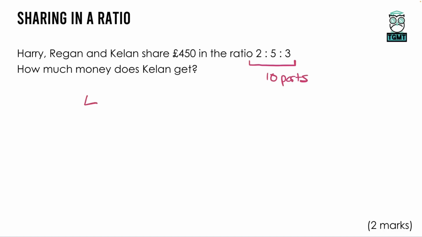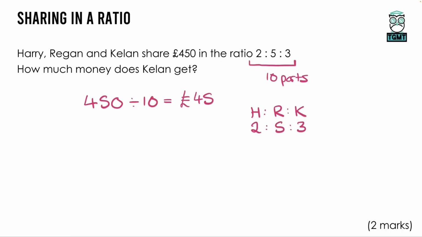So to share this in a ratio, the first thing we want to do is to share it into 10 parts. 450 divided by 10 gives us £45. Now that is the value of one part. Now if we label Harry, Regan and Keelan and their numbers, which are 2, 5 and 3.